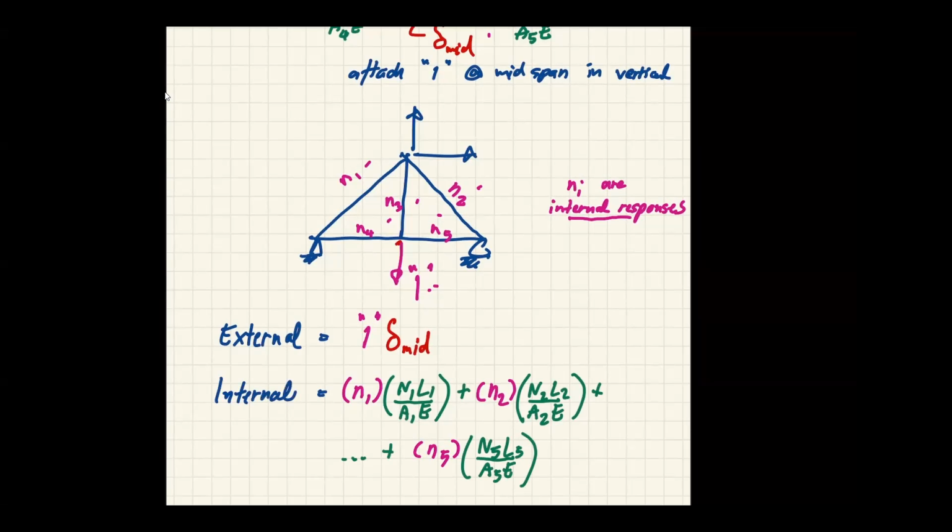Or this can be written in a simple form, sigma i equal to 1 to n, Ni L_i over A_i, and then E. See, this is very, very straightforward, but it becomes trouble for those who cannot analyze the truss.